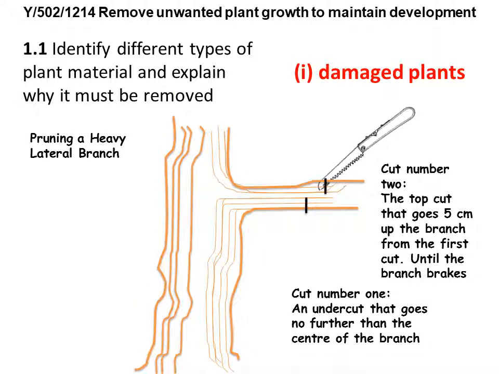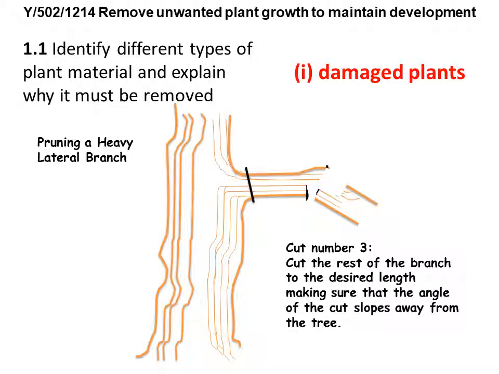The next cut is a top cut. Normally it's about a thumb's length away from your undercut, away from where you want to be cutting. That's about 5 centimeters or 2 inches, and you cut and cut until the branch breaks.